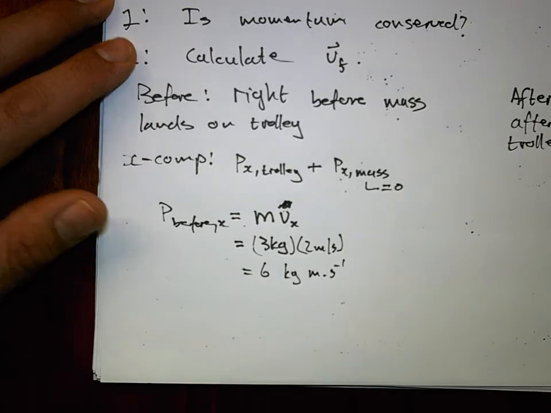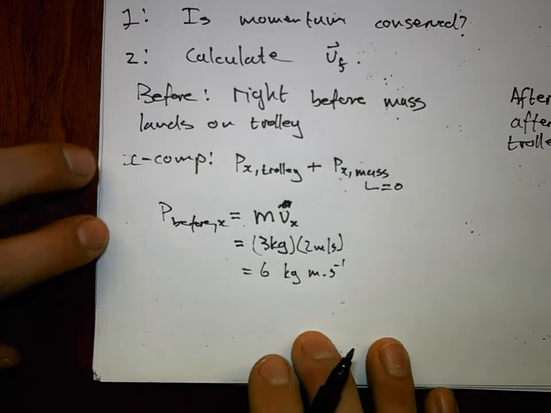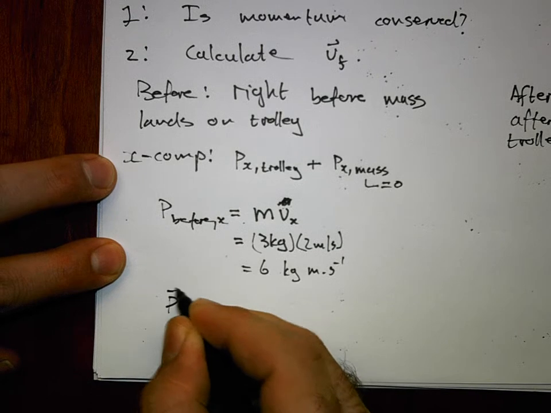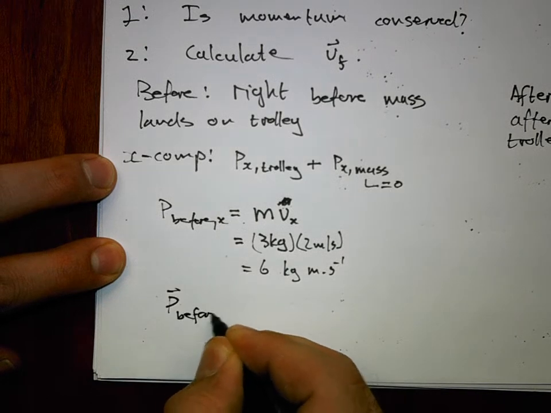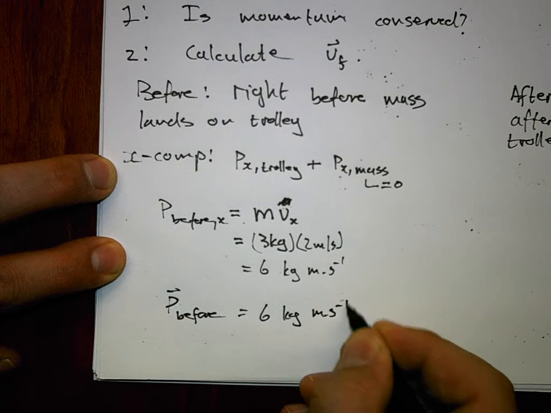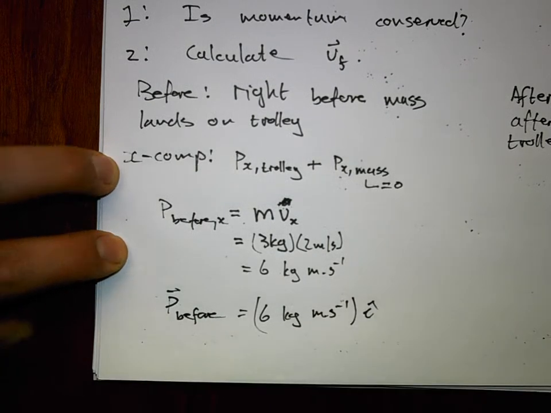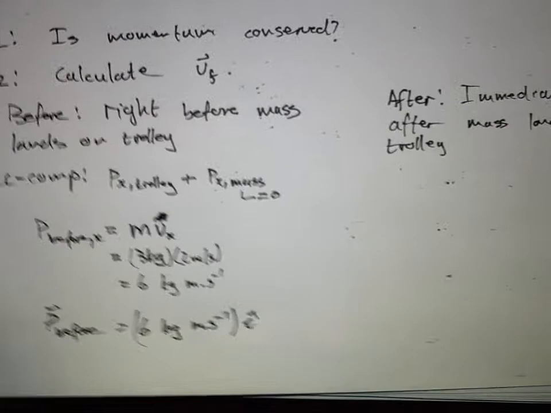So the unit of linear momentum is just kilogram meters per second. So how much mass is moving how fast? So this is our total momentum before. In vector notation, we can say the total momentum before is just 6 kilogram meters per second in the x direction.